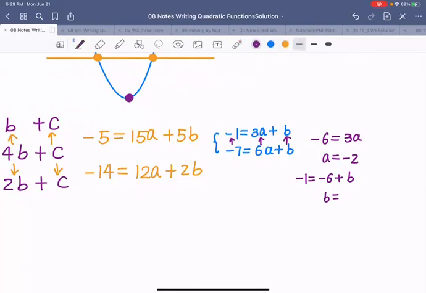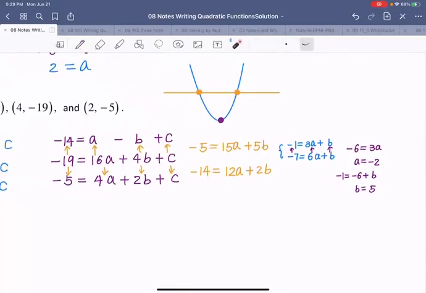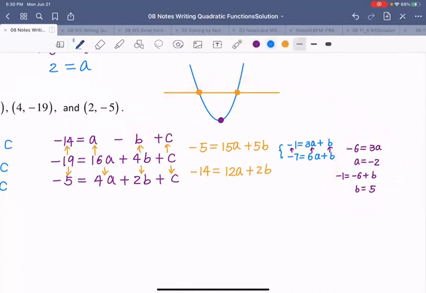Very good, b equals 5. Now we have a and b. We are welcome to put this back to find the c. Let's go ahead. Negative 14 equals a is negative 2 minus b, which is minus 5, plus c.